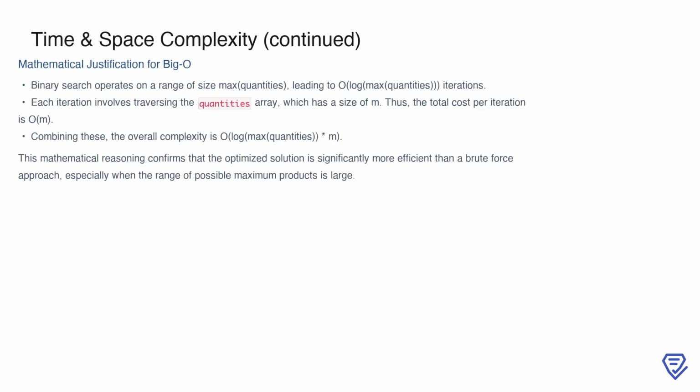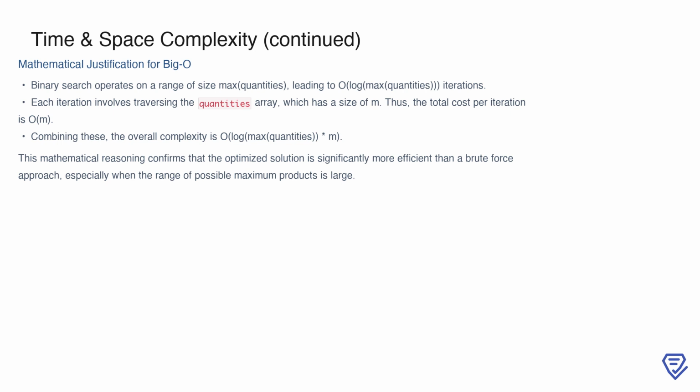Finally, let's mathematically justify the big O analysis. The binary search operates on a range determined by max quantities, requiring O(log max quantities) iterations to narrow down the range to a single value. During each iteration, the canDistribute function traverses the quantities array, which has a length of M, resulting in a cost of O(M) per iteration.